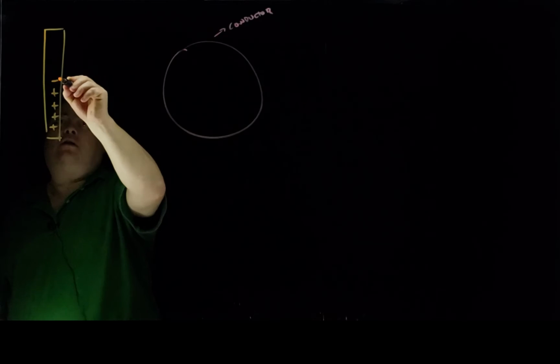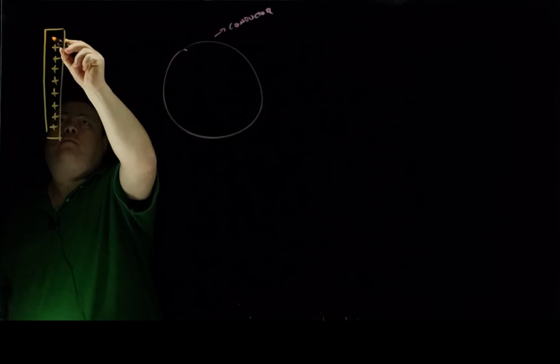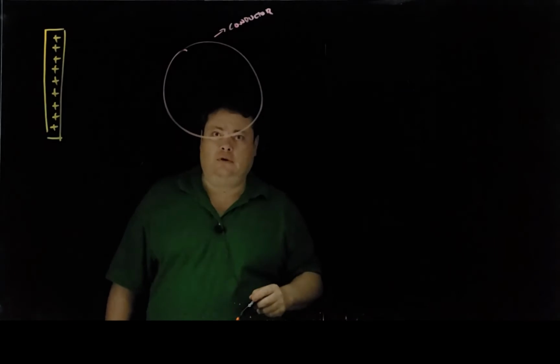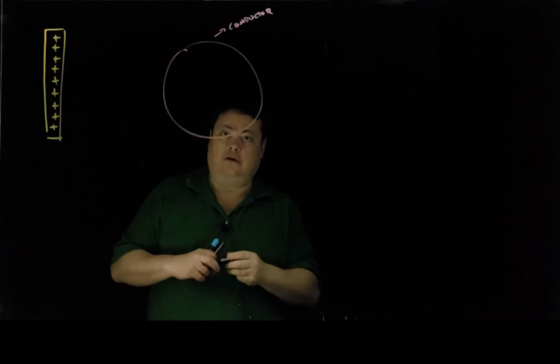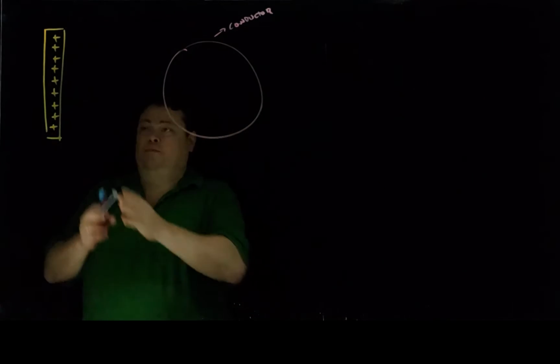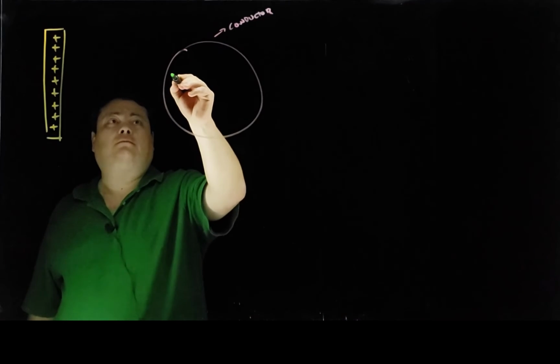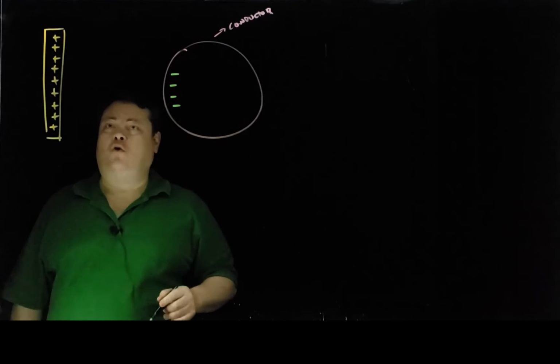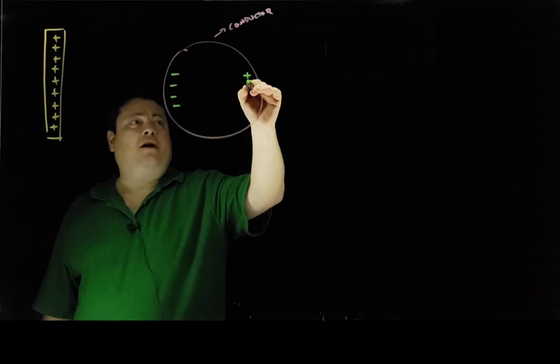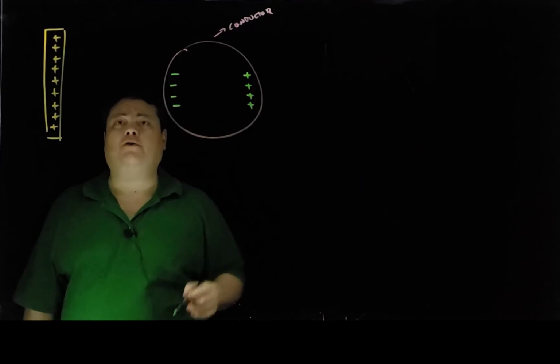Let's say that this rod is now positive. Okay, so I'm just bringing this close to the conductor. And this positive charge will attract electrons to concentrate in one side, and then I'm going to have a lack of electrons on the opposite end.